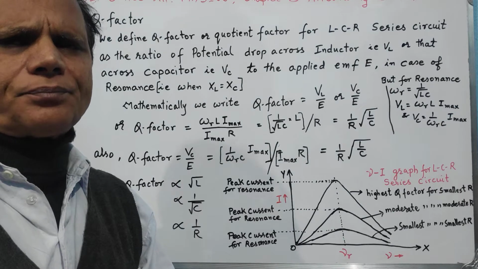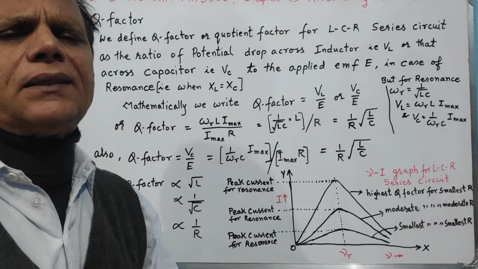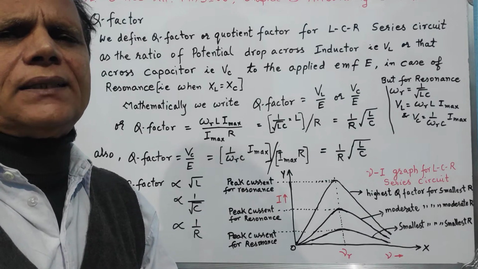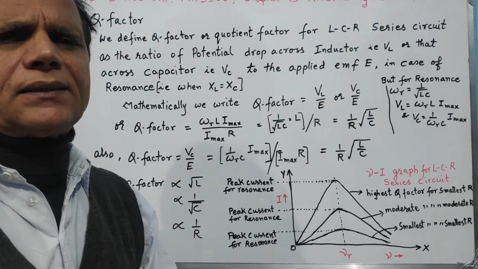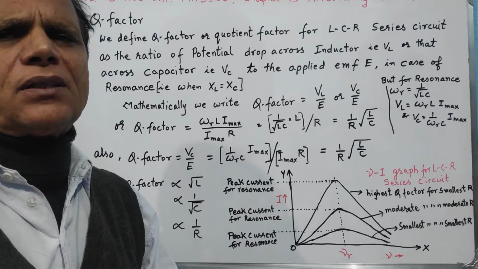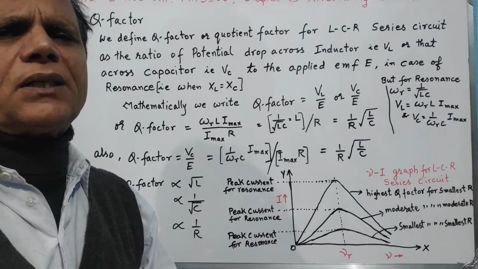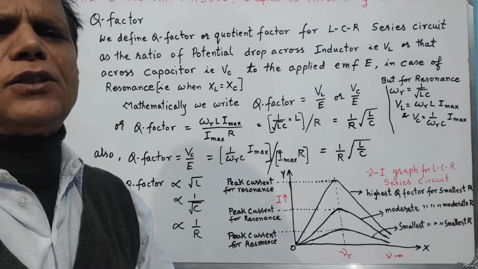That means when the inductive reactance is equal to the capacitive reactance, that is XL is equal to XC, in that case the ratio of potential drop across inductance to the applied EMF, or the ratio of potential drop across the capacitance to the applied EMF, is called Q factor.